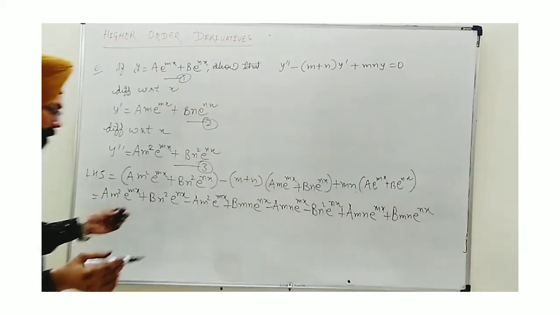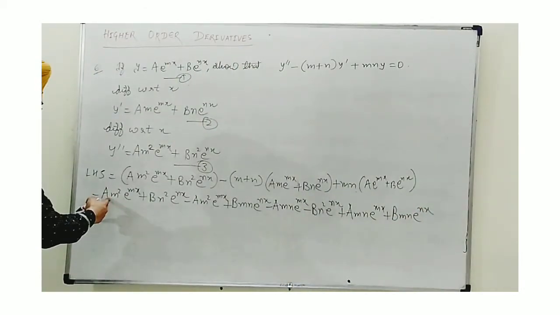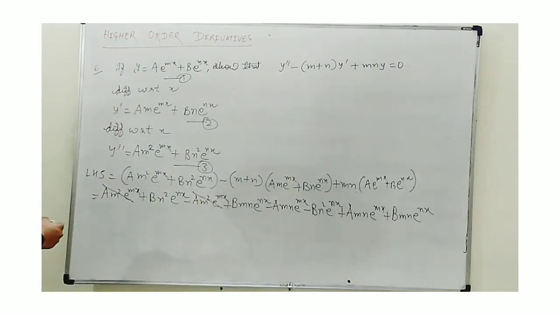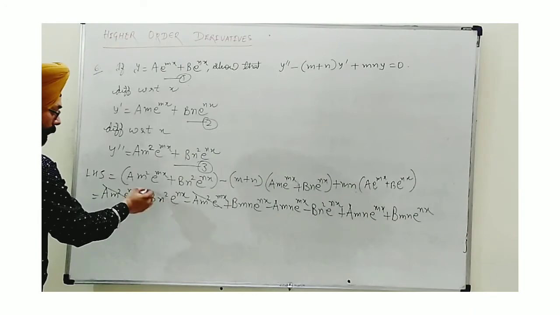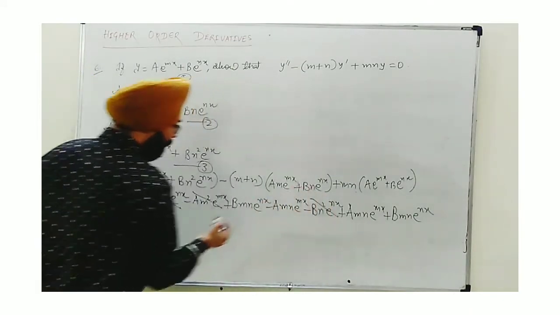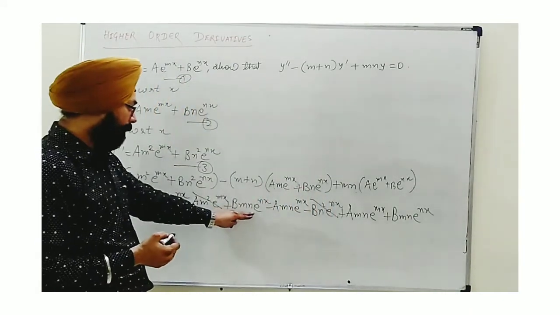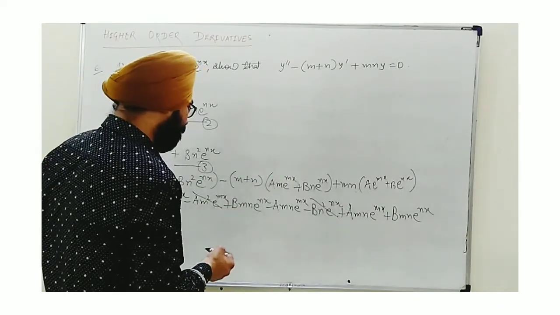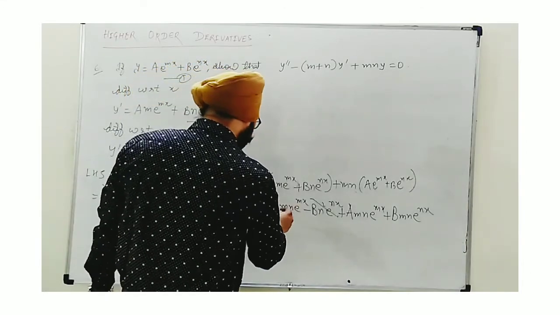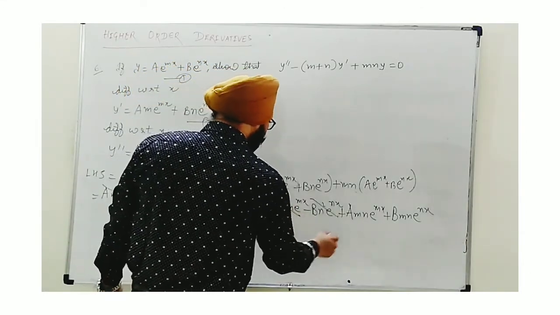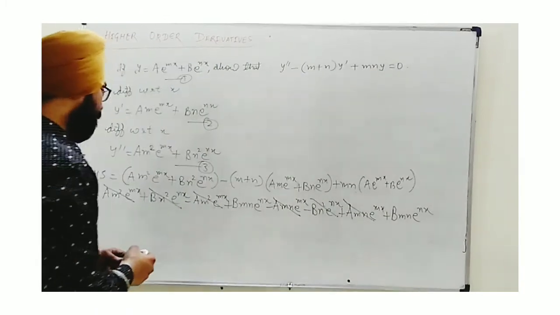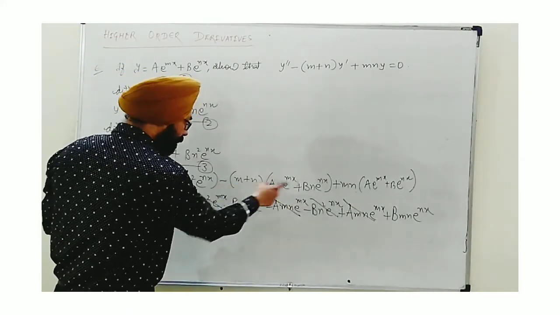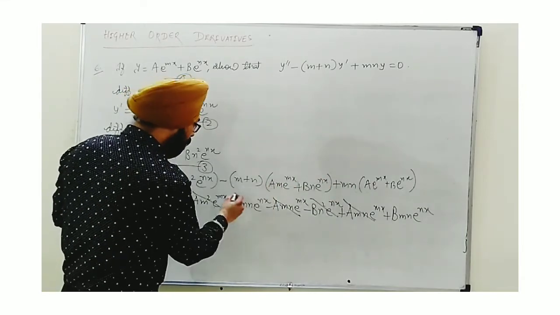Now you can see all the terms we are having positive, negative parts, like a m square e to the power mx can be cancelled out with this term. They are alike but opposite sign. The b n square e to the power nx, here also we are having negative. Now b mn e to the power nx, the last one, and a mn e to the power mx cancel out, and here the sign is minus, you see minus n I multiplied, so yes, these also can be cancelled out.